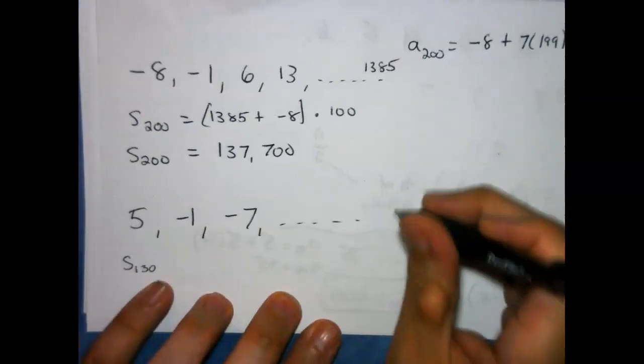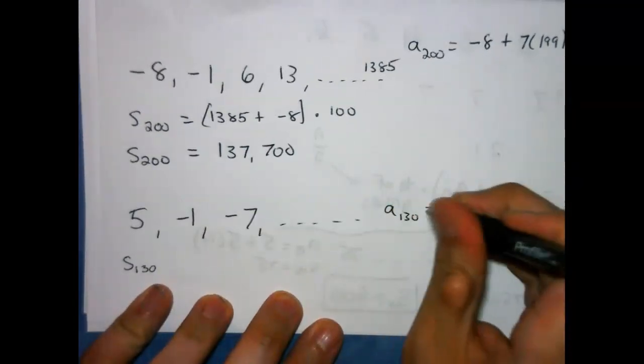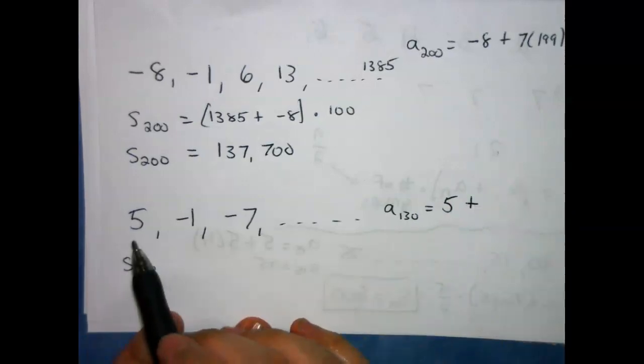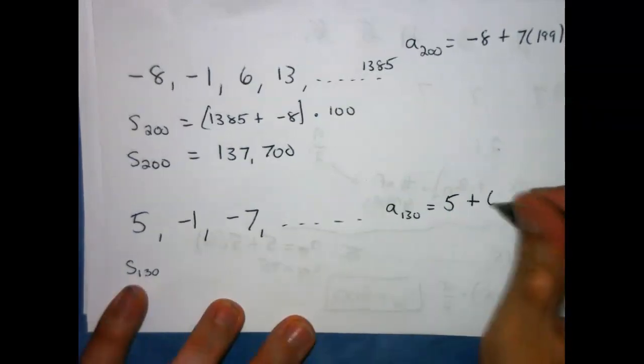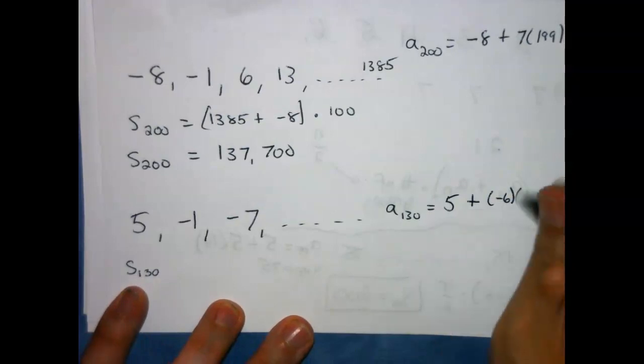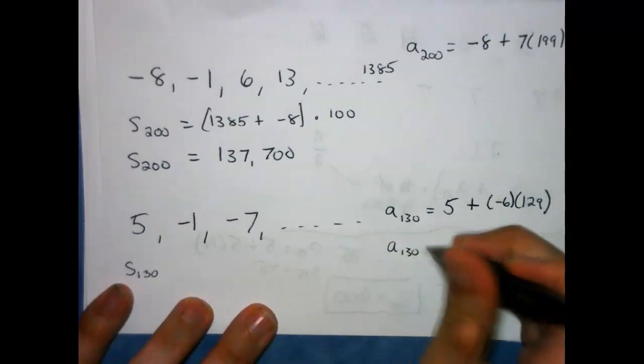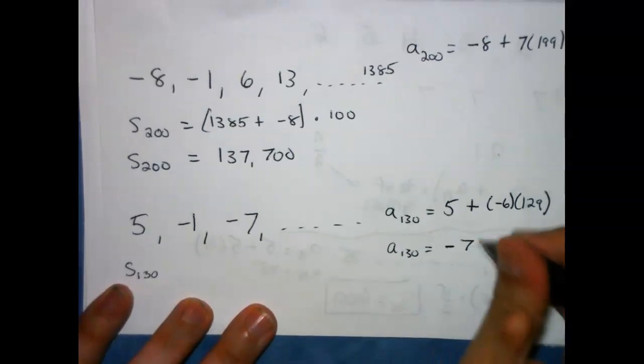Okay, so I need to find the 130th term. That's 5 plus, looks like I'm subtracting 6 each time. So negative 6, and we're doing that 129 times. Okay, so the 130th term is negative 769.